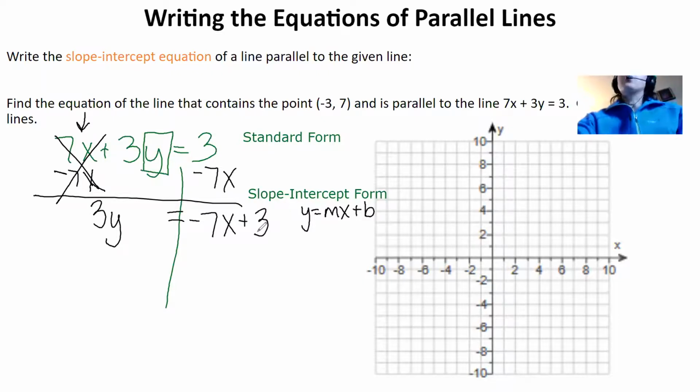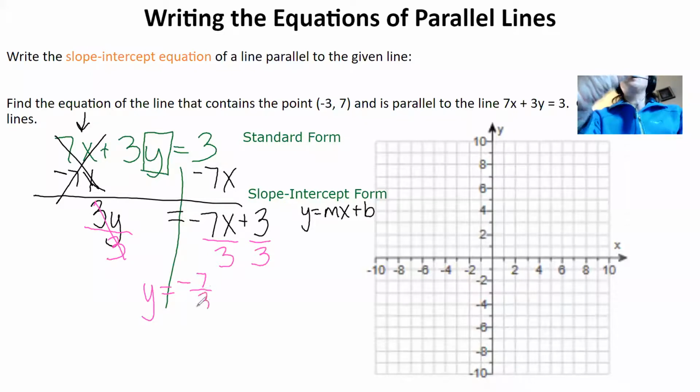Now, we're going to do the final step to get that y by itself. We're going to cancel out being multiplied by that 3. So we're going to divide by 3. And I have to divide everything by 3. So I'm left with y equals negative 7/3 x plus 3 divided by 3 is 1.